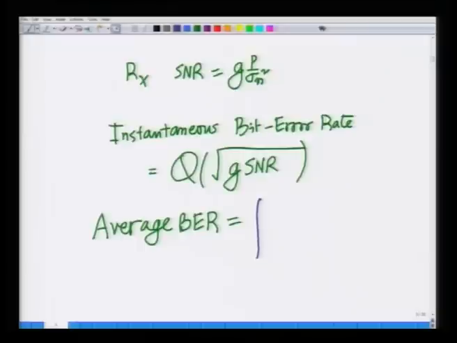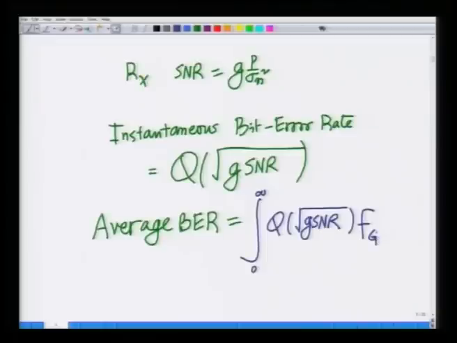So, the average is simply given as the integral from 0 to infinity of Q of square root of g times SNR, times f(g) dg. Look at what I am doing over here.